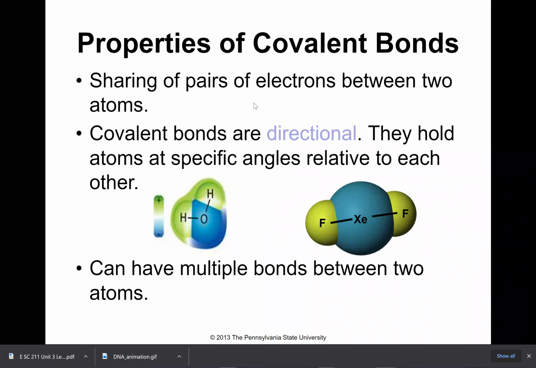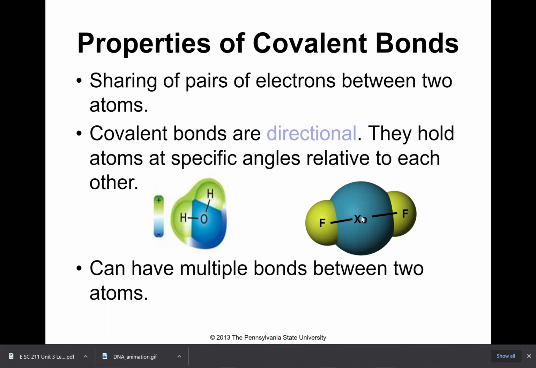The sharing of pairs of electrons between 2 atoms, covalent bonds are directional. And what does that mean? They hold a specific angle relative to each other. I'm not going to get into why, but look at H2O: it's kind of bent, the 2 H's are not right across from each other.